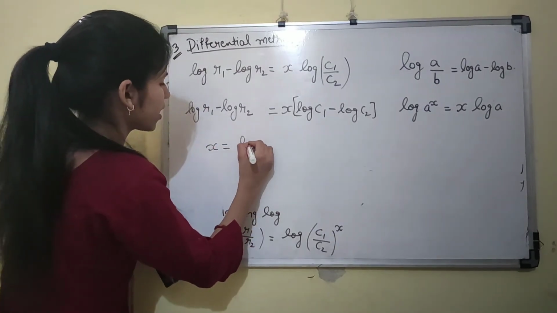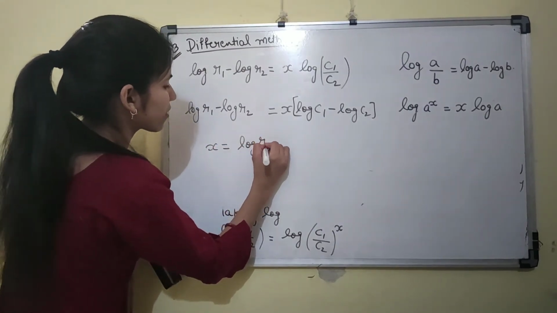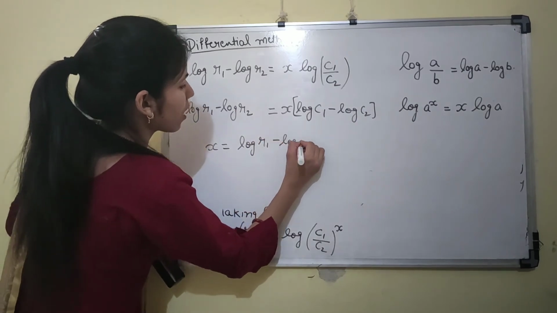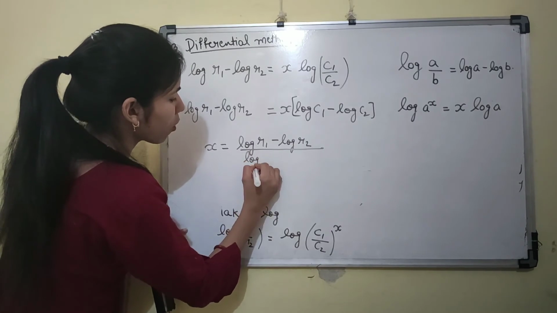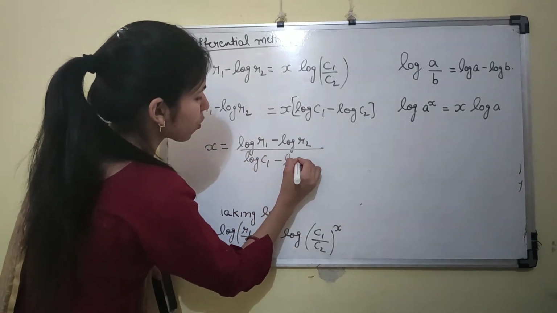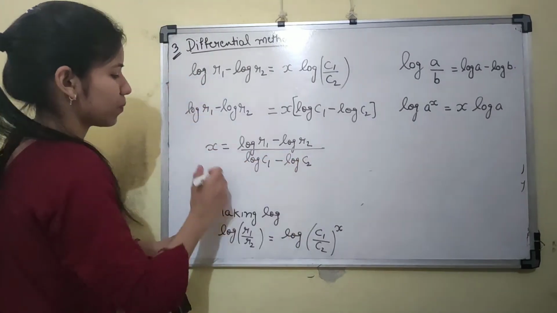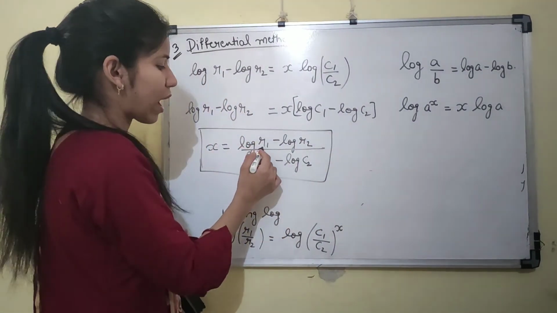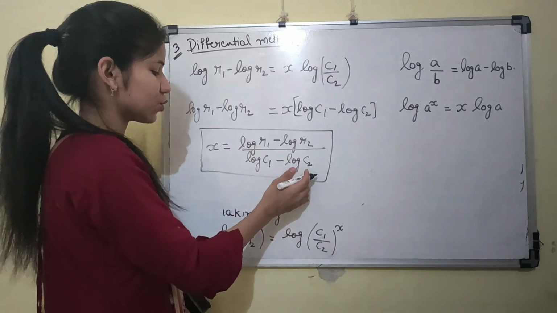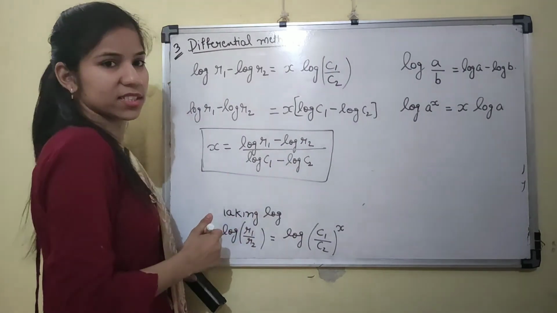So x is equal to log R1 minus log R2 divided by log of C1 minus log of C2. So from the values of R1, R2 and C1, C2, we find the value of x.